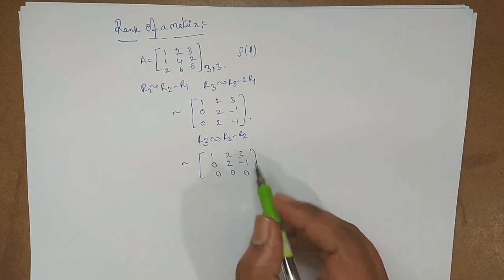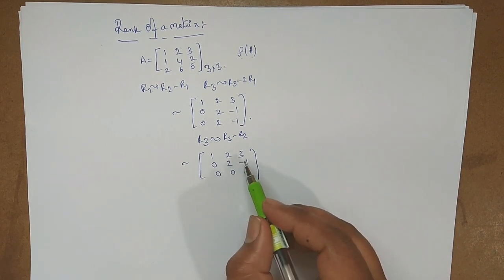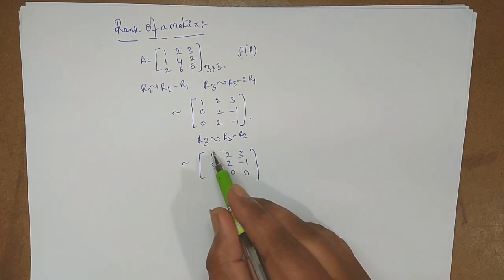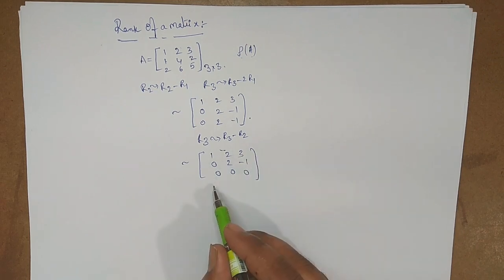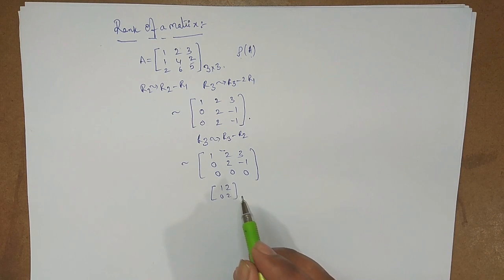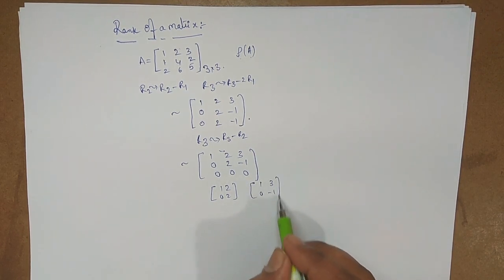We are trying to make it into an identity matrix, but the minors here are: the first minor is given by 1, 2, 0, 2, and the second minor is given by 1, 3, 0, minus 1.